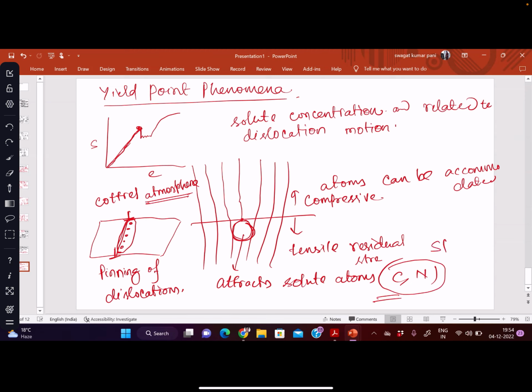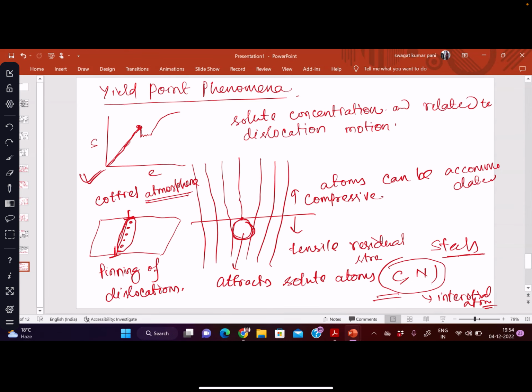Because this is an example of steel, mild steel, in which carbon and nitrogen are present, and these are interstitial atoms. Small atoms, so the probability is more that these will segregate. Otherwise, if you take hydrogen also, any atom that is small can segregate to the core of dislocations.